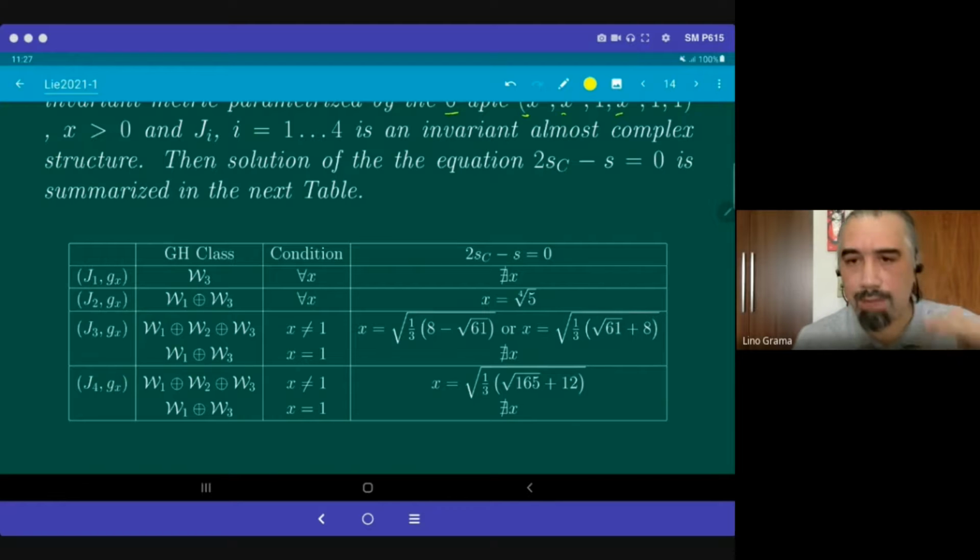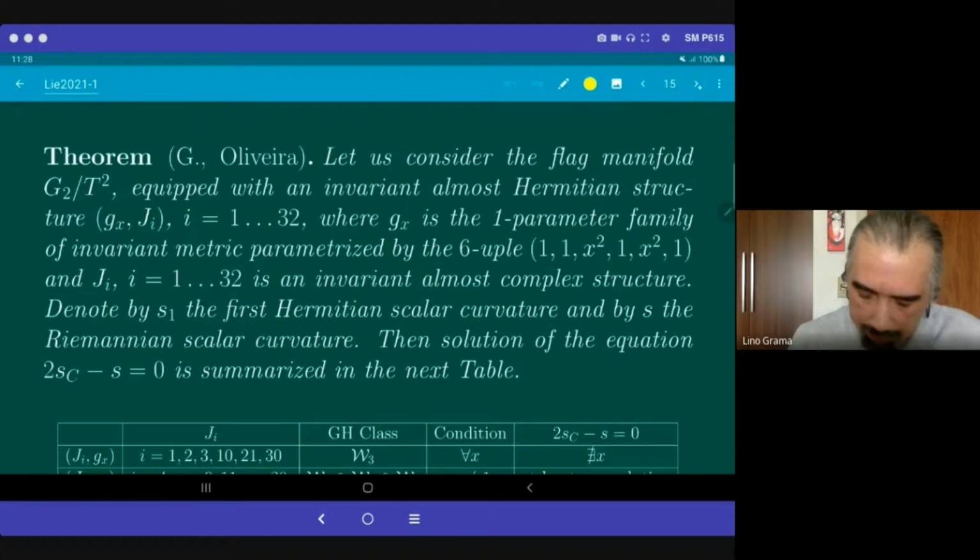For x equal to 1, we have the normal metric. All parameters are 1. And this belongs to this Gray-Hervella class, there is no solution. But for all x different from 1, we have one solution. Sorry, if x is different from 1, we have one solution at this point, or 2 solutions at this point.